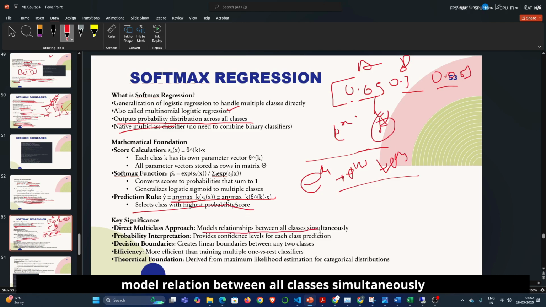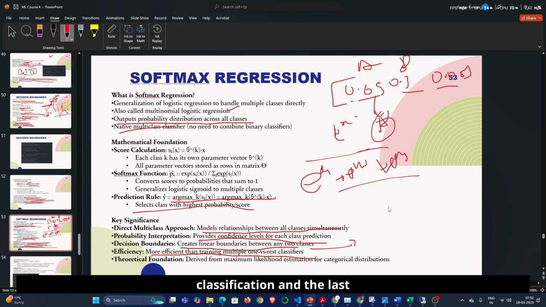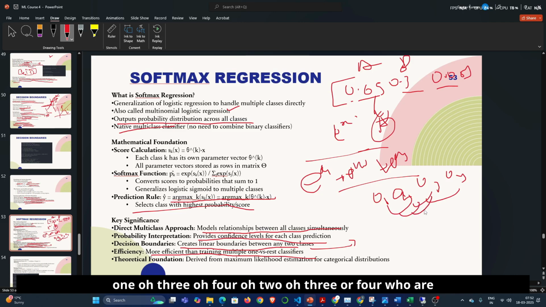It models the relationship between all classes simultaneously, provides a confidence level for each class prediction, creates a linear boundary between any two classes, and is more efficient than training multiple one-versus-rest classifiers. In the last video I told you about one versus rest. Let's say we have classes O1, O2, O3, O4. It will make small sets, like O1 against O3, O4, then O2 against O3, O4, and whoever wins, it will give that value.